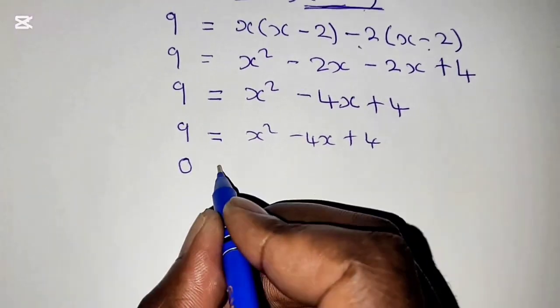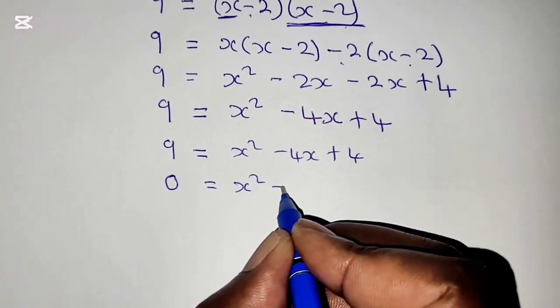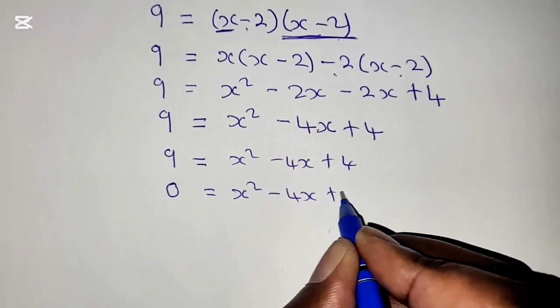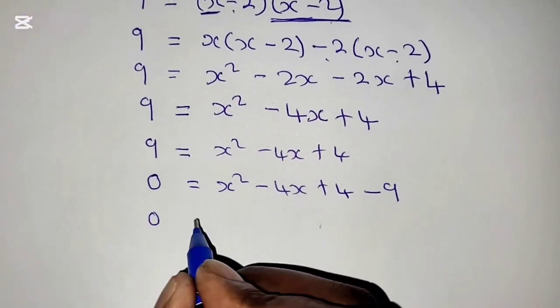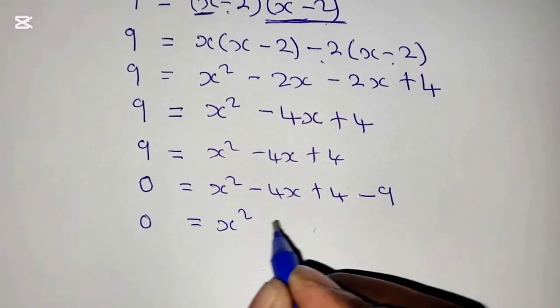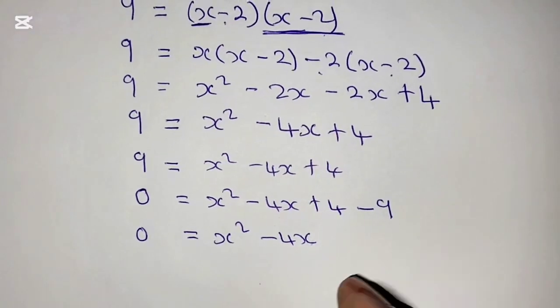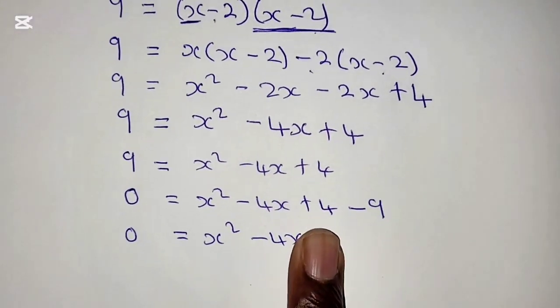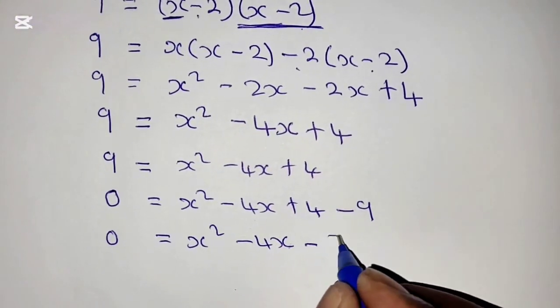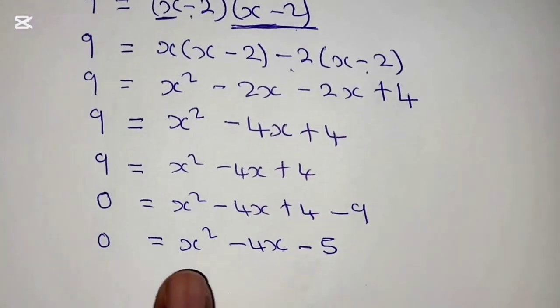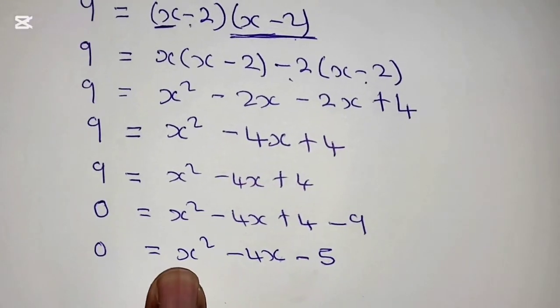So we are left with 0 is equal to x squared minus 4x plus 4. 9 to this side is now minus 9. So 4 minus 9, that's minus what? Minus 5. So 0 is equal to x squared minus 4x minus 5. Okay, so now it's factorization of product and sum.